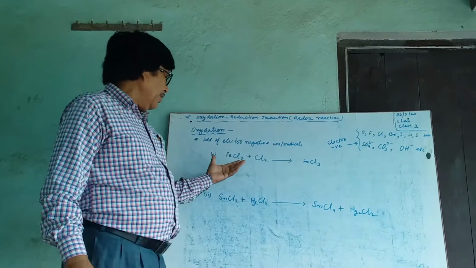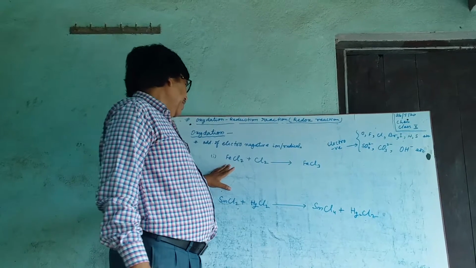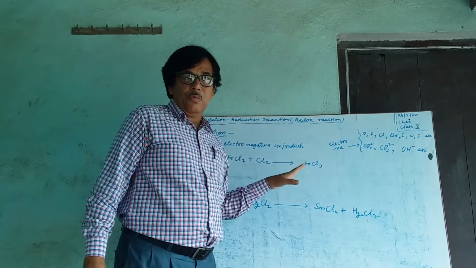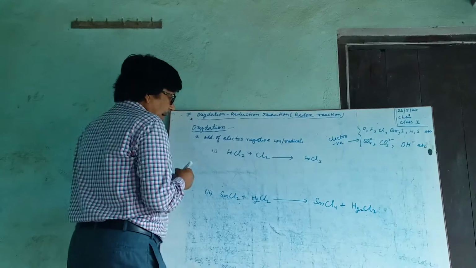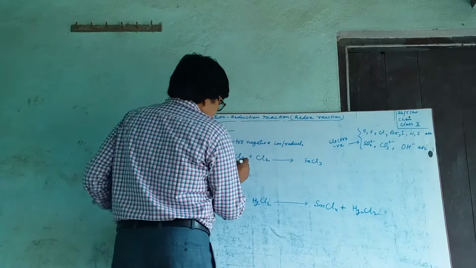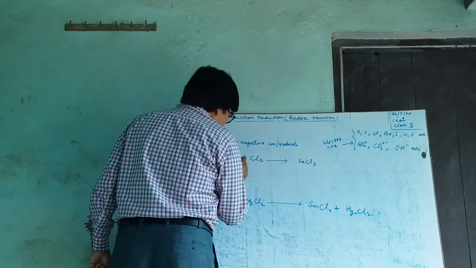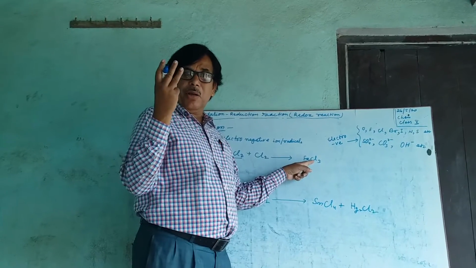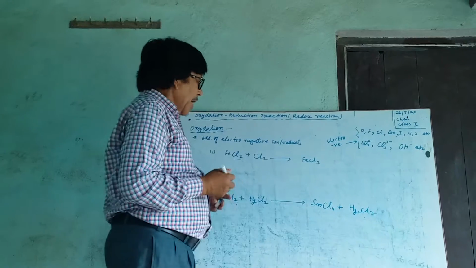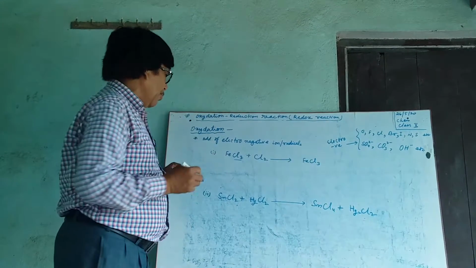I have taken here two examples. FeCl2 plus Cl2 forms FeCl3. Here we see the addition or increment of chlorine. Here there are 2 chlorine atoms, and in the product 3 chlorine atoms, meaning chlorine has increased by 1 atom per molecule.